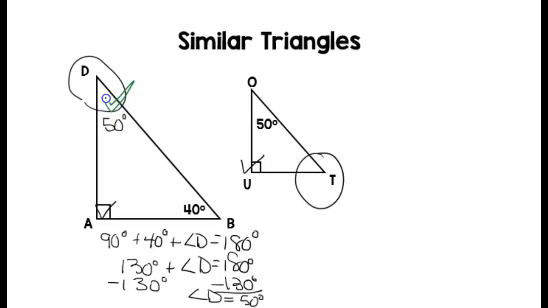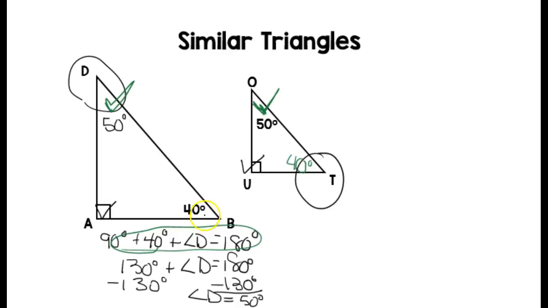We know that angle D and angle O are going to match. Based on this, 90 degrees and 50 degrees, we now know that this angle T right here is 40 degrees. Couple reasons we know that. 90 degrees plus 50 degrees plus 40 degrees is going to give us 180. We just figured out this here using this equation. So we know now that yes, indeed, these triangles are similar.